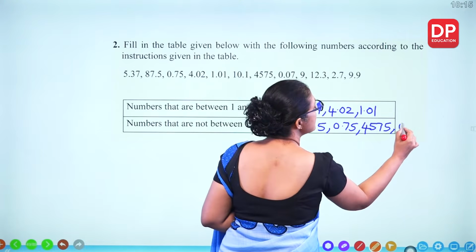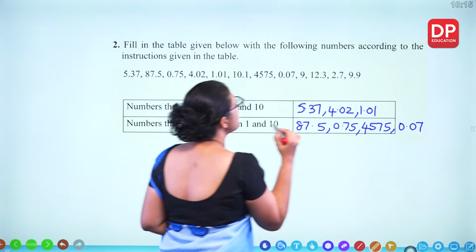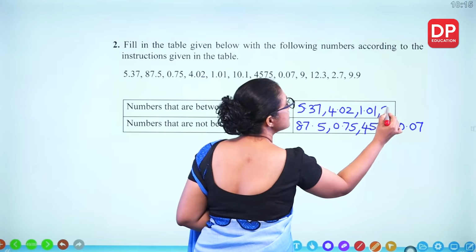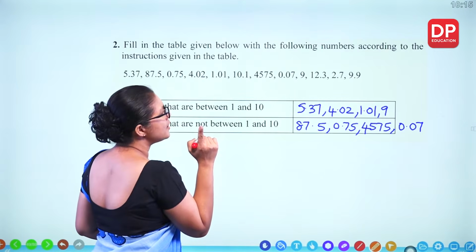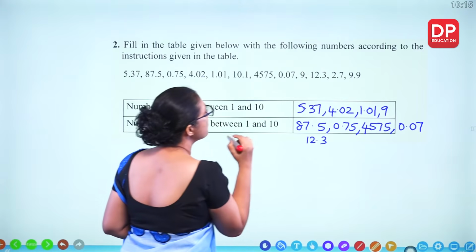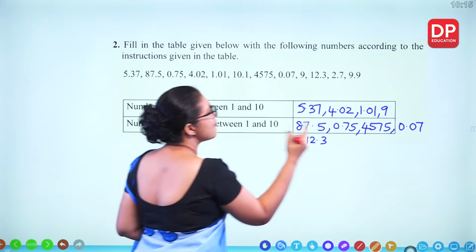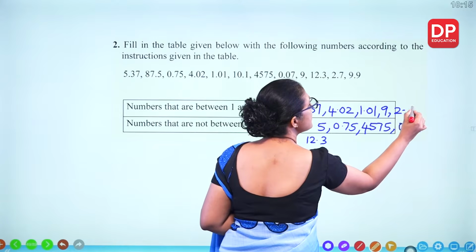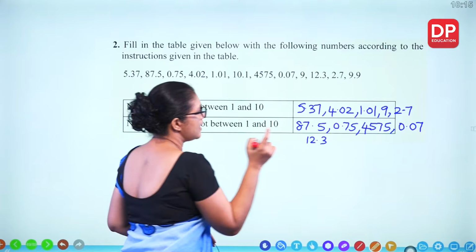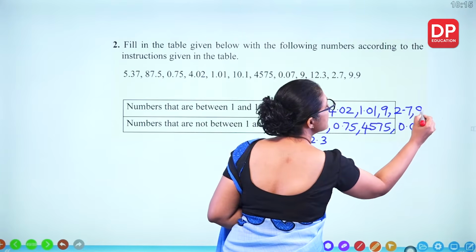So you can write here 0.07. 9 is less than 10. 12.3 more than 10. So you have to write here 12.3. 2.7, it's less than 10. 9.9 also less than 10. You can write it here.